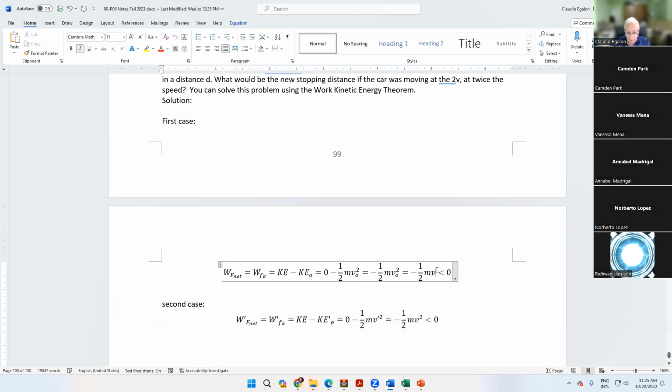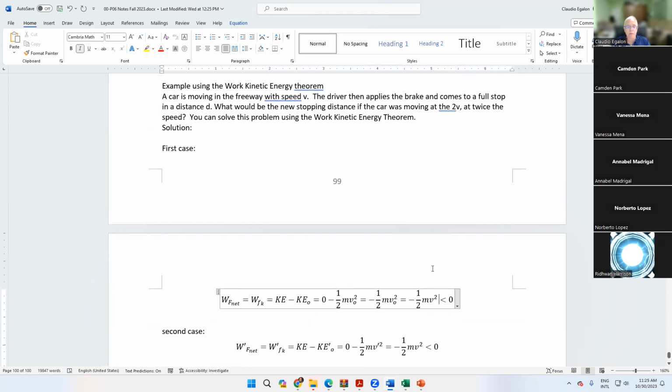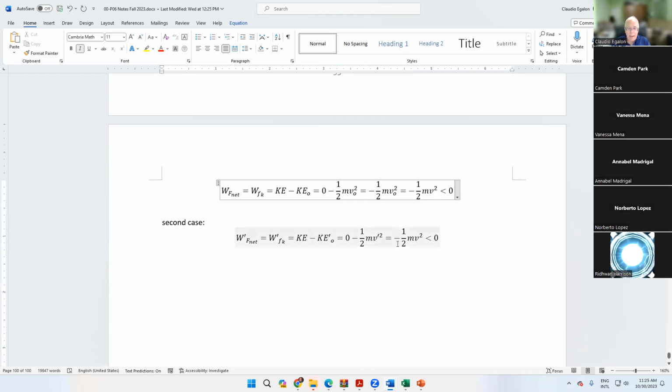That's why I kept the V. And I'm going to emphasize that this V prime squared is the initial velocity as well, which, by the way, is twice V.